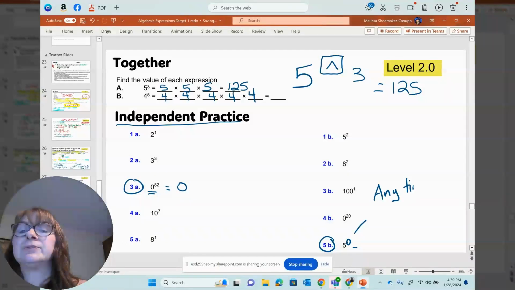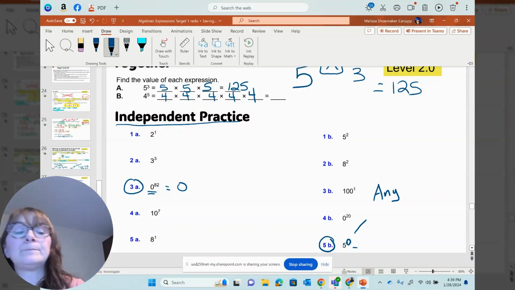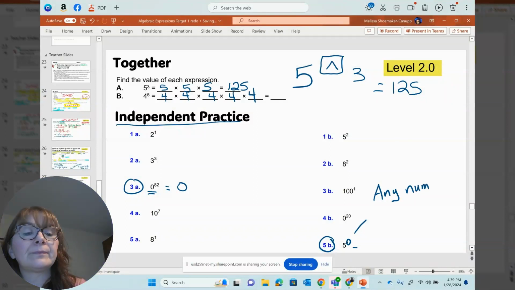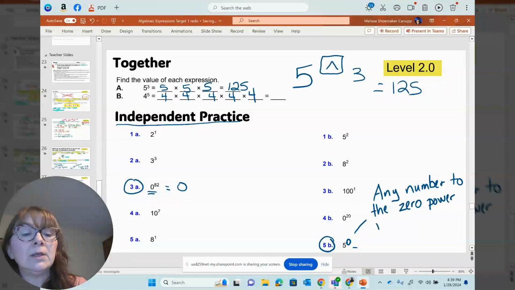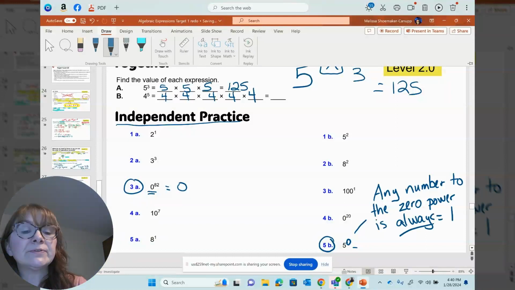Actually, I want to erase that and say any number to the 0 power. This is going to be really important for you to write down. Is always equal to 1. Okay, I'm going to highlight that, draw a circle around it.